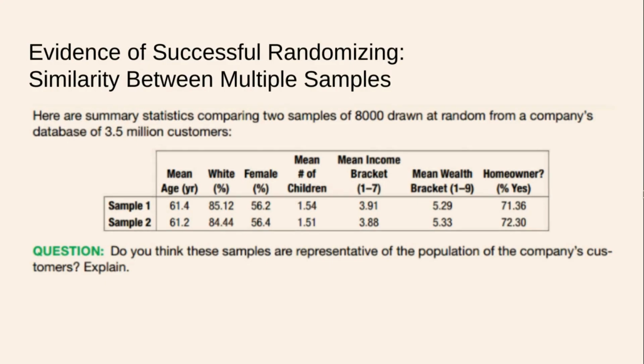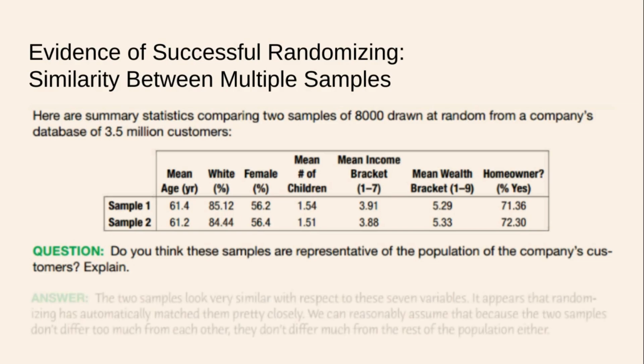Here are summary statistics comparing two samples of 8,000 drawn at random from a company's database of 3.5 million customers. So we have these two samples right here, and a whole bunch of variables are considered. And we look at the numbers comparing the two samples, and they look awful similar across the board. So do we think these samples are not only similar to each other, but representative of the population of the company's customers? Well, I think so.